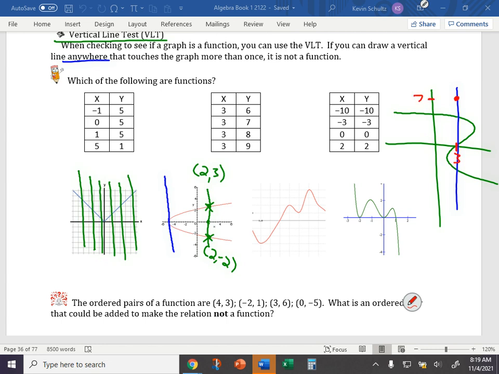Here's a y value of, say, 7. So when x is 3, y is 7, right? Since it's a vertical line, if I put a point here at, say, 4, when x is 3, y is also 4. Or when x is 3, y is also 1. When x is 3, y is also -5, right? A vertical line has the same value for x the whole way down, but y is changing constantly.